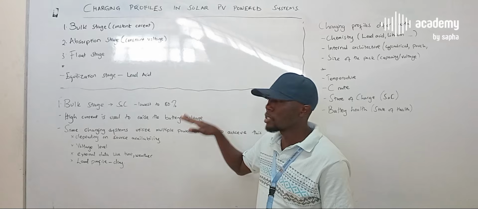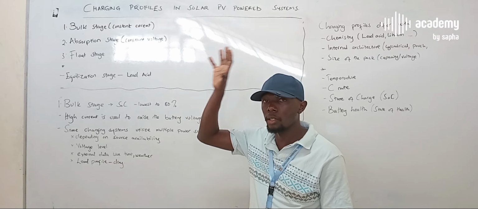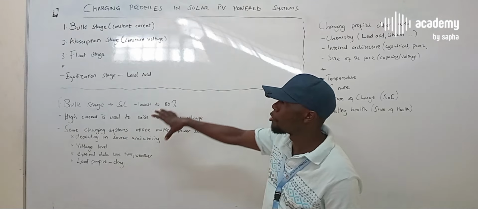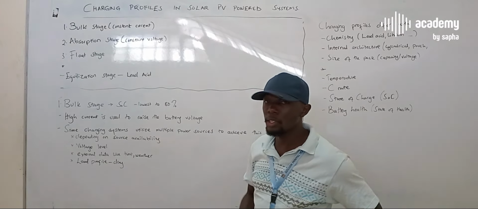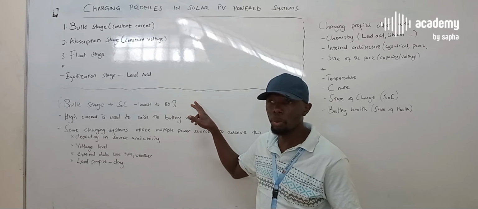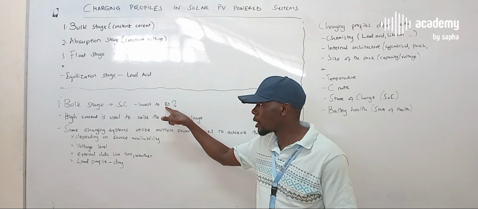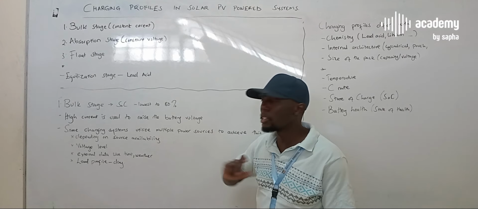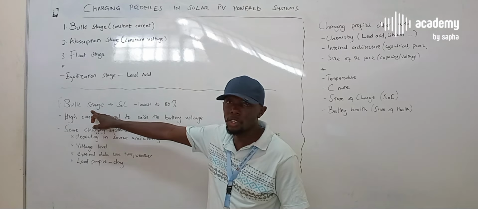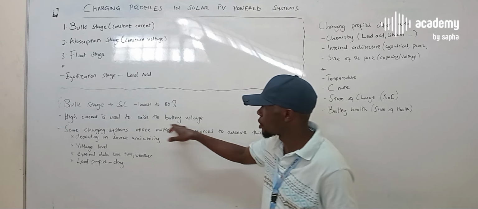So in the first charging stage, the system picks the maximum amount of power from whichever source and raises the battery state of charge from the lowest, probably 20 or 30% in lithium ion, to around 80 or 90%. That stage is normally called the bulk stage. In this stage, high current is used to raise the battery voltage.